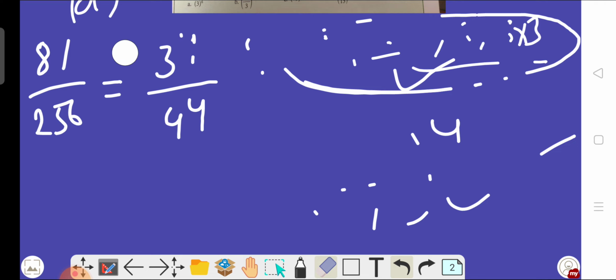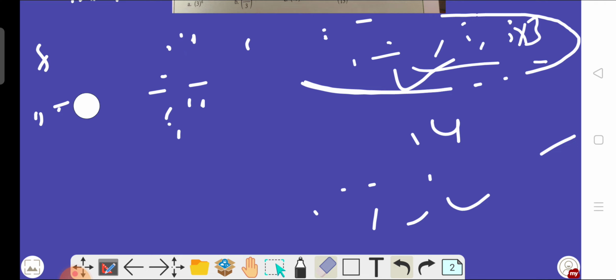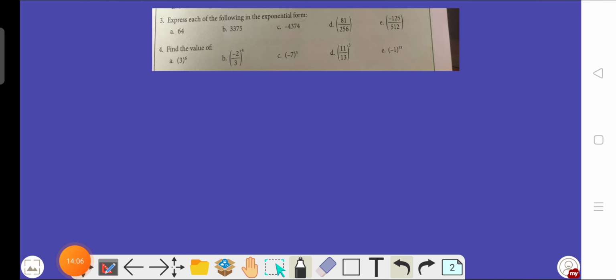Now we will solve the question number 4. The question number 4 is the reverse of the question number 3. In this question we have to find the value of the given exponential form in the standard form. So the A part is 3 raised to the power 6.